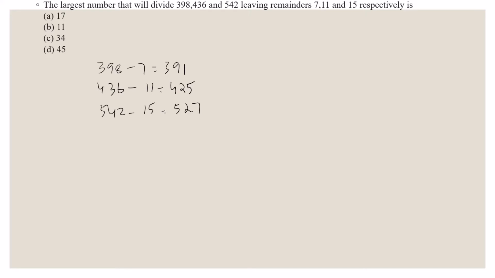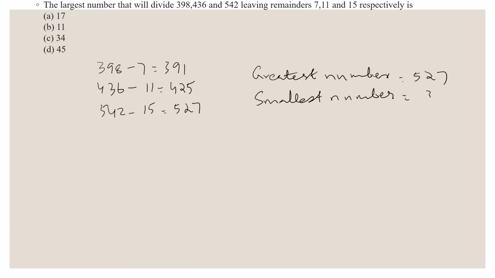Now pick out the greatest number and the smallest number out of this. Which is the greatest number? Greatest number is 527. And the smallest number is 391.